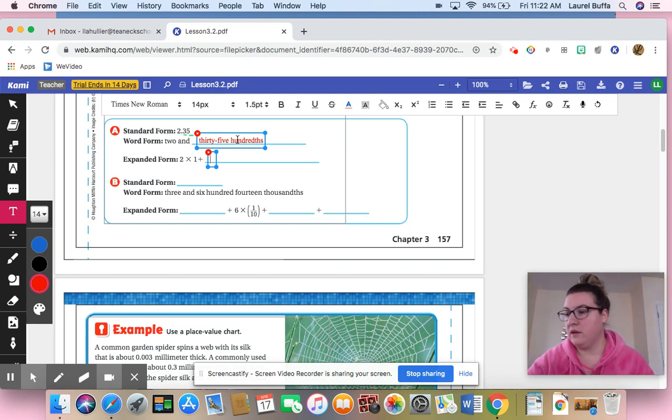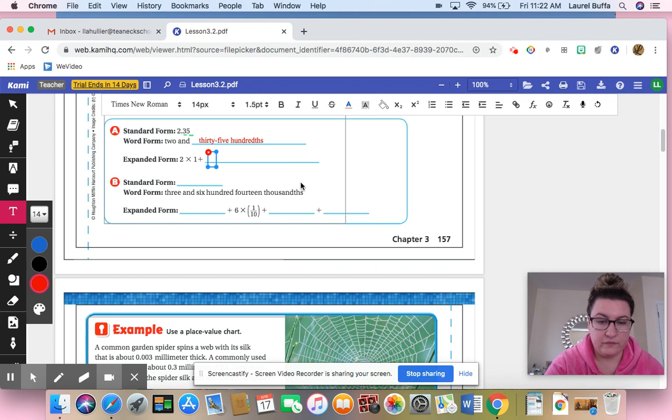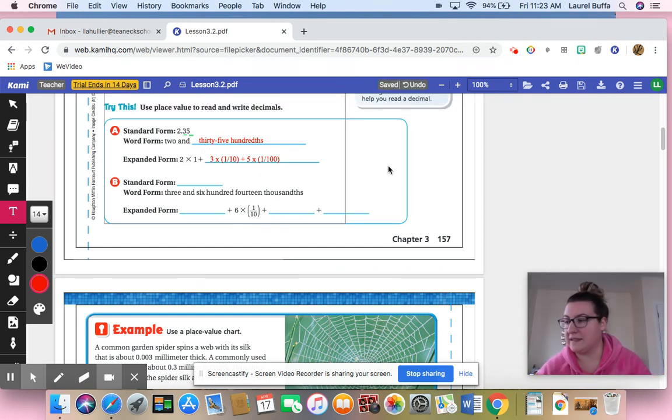So we would write 3 times 1/10, plus, we now have a 5 in the hundredths place, so 5 times 1/100. Now that is our expanded form.